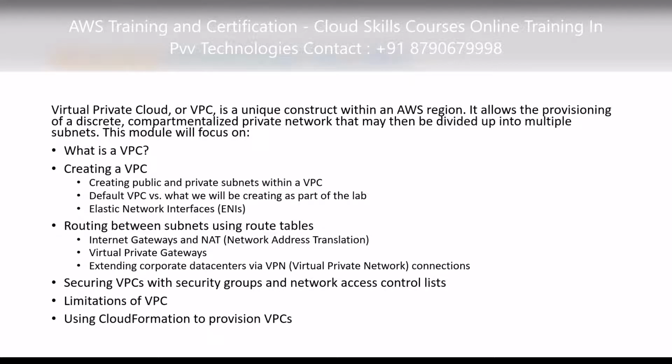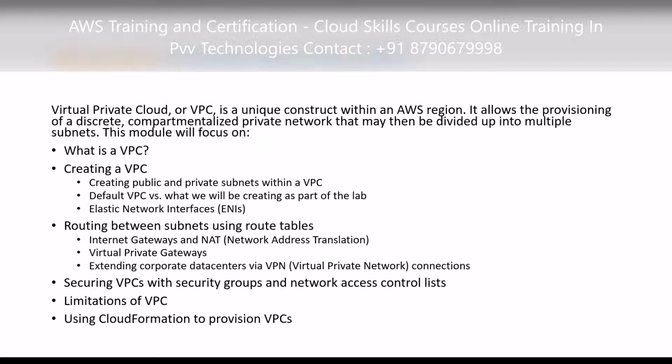It is a unique construct within an AWS region. It allows provisioning of a discrete and compartmentalized private network. You can create a private network that may be divided up into multiple subnets. Every VPC has a structured way to create subnets as per the region.